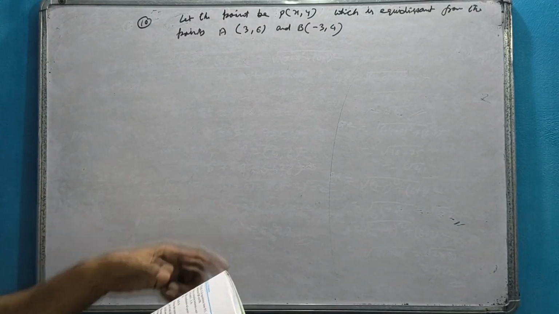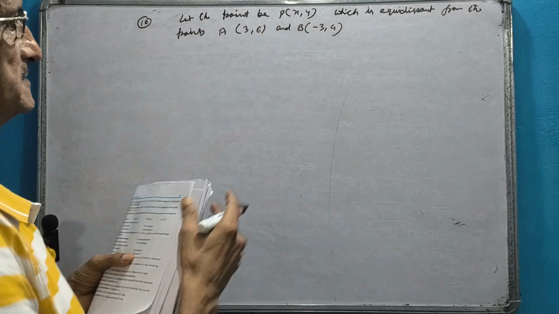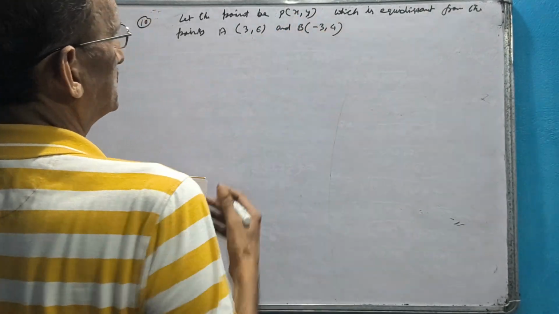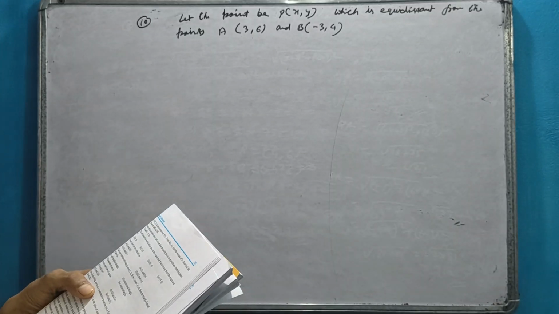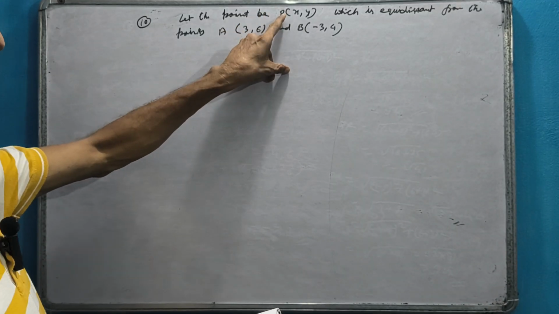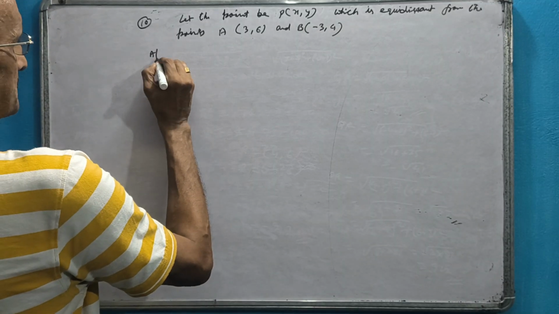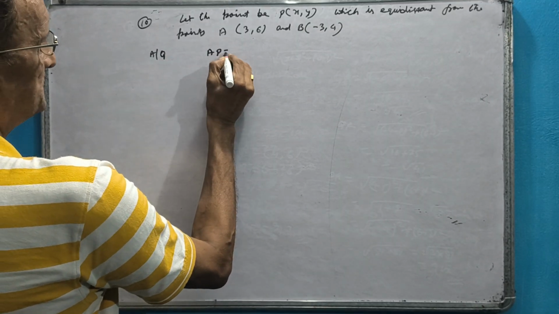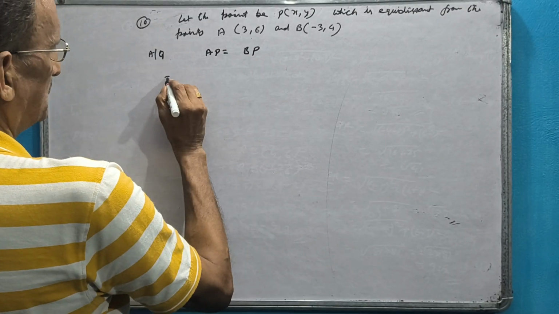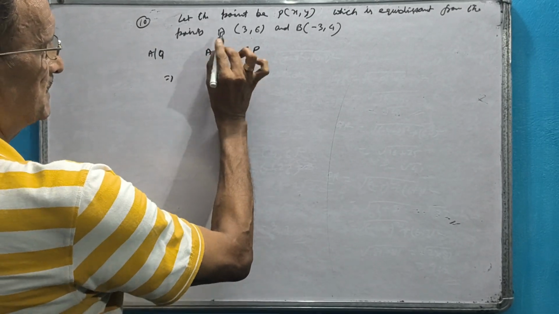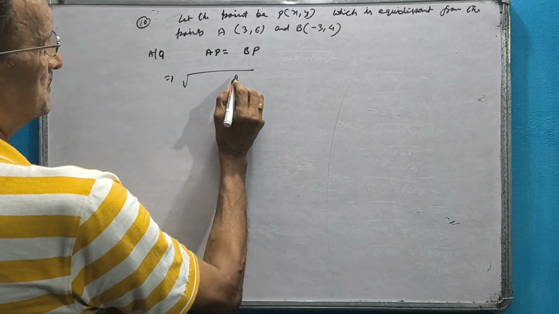We have given 3 points: (x, y), (3, 6) and (-3, 4). What is given? This point P is equidistant from the points A and B. What is the meaning? AP equals BP. Simply, you have to find the distance formula for A and P. What will you write?